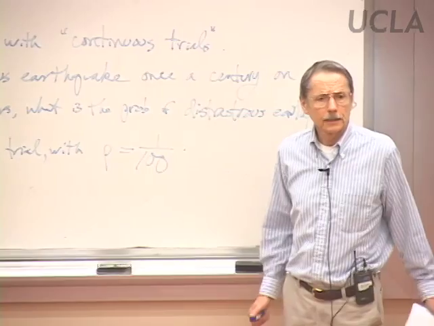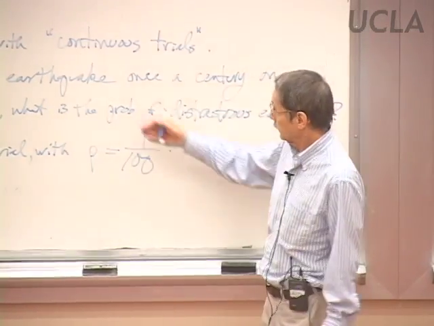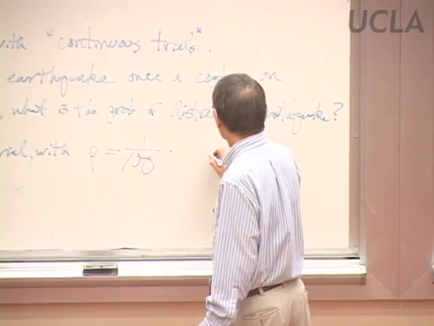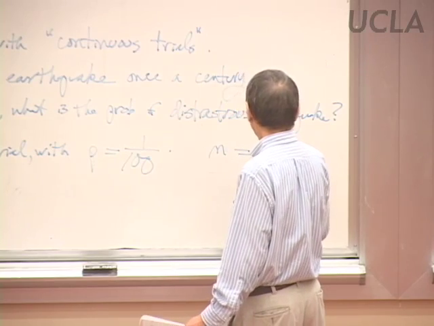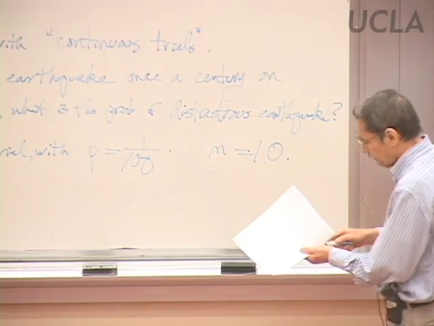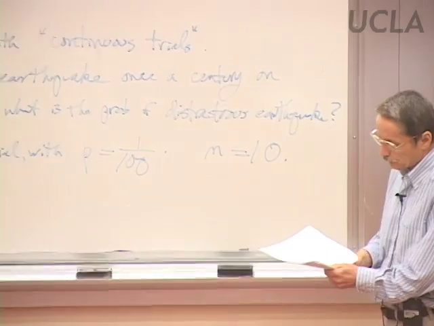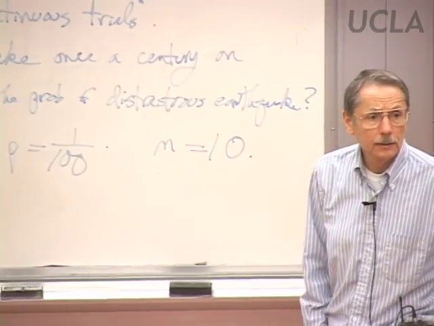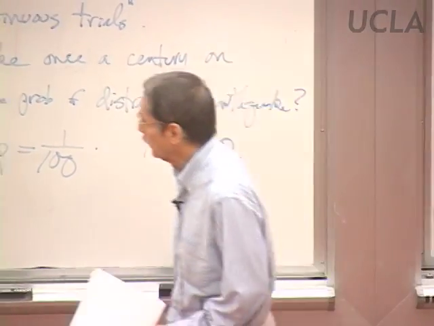And we're looking at 10 trials, right? The next 10 years. And we could calculate the probability that there's at least one earthquake.